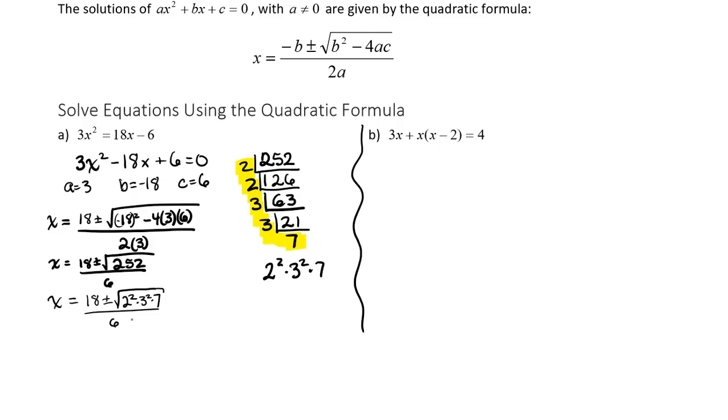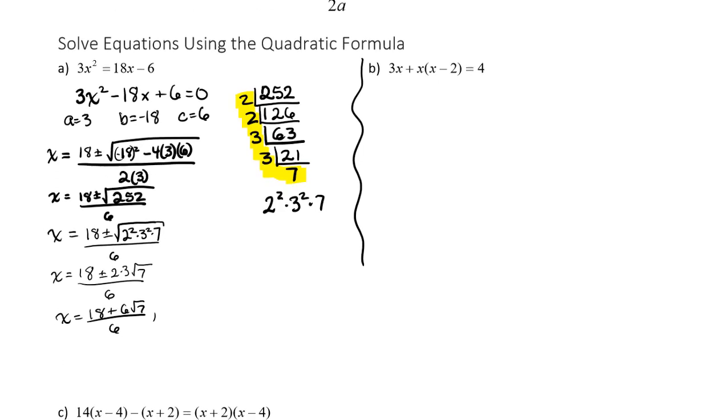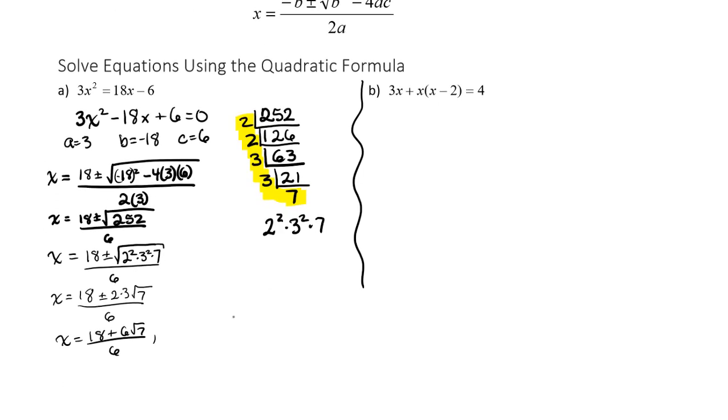These numbers will come out of the radical, and I get x is equal to 18 plus or minus 2 times 3 root 7 over 6. So my two solutions are x equals 18 plus 6 root 7 over 6, and x equals 18 minus 6 root 7 over 6.